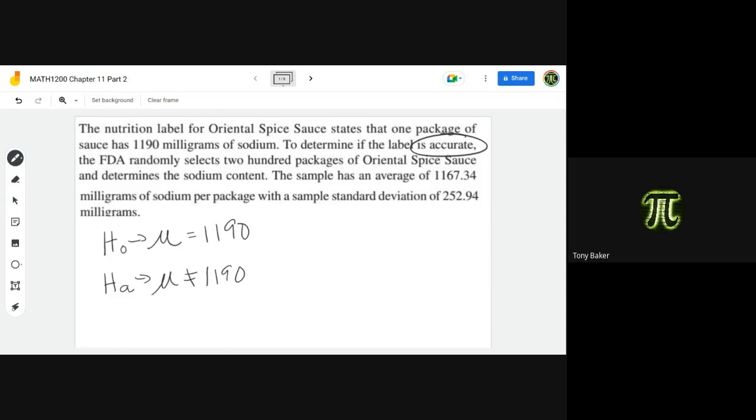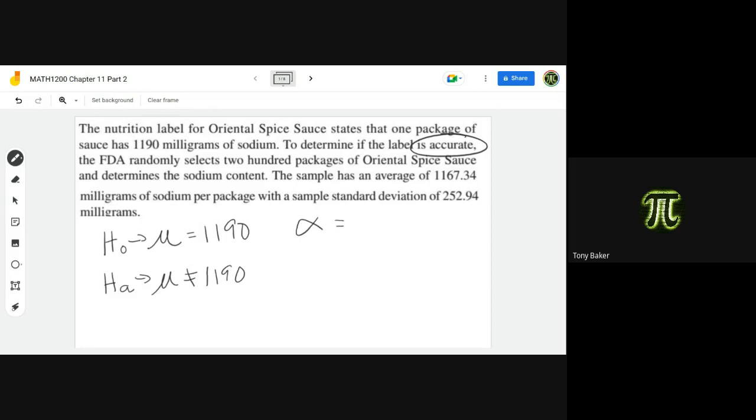So we got that. It doesn't give me my significance level. So in a lot of situations, now in Hawks, they're going to have to give it to you because they want a specific answer. But most situations in life, you're not going to necessarily have that. You're going to find one.